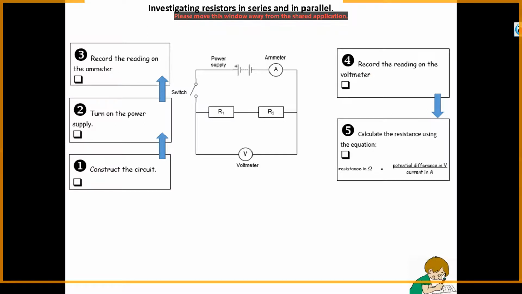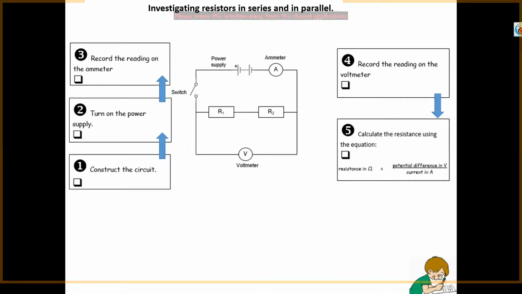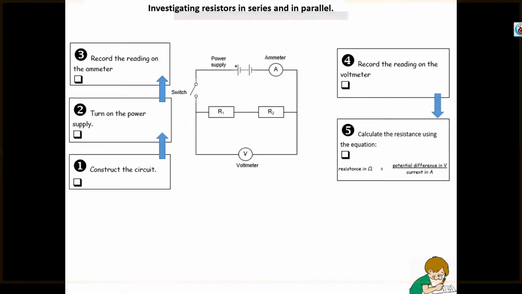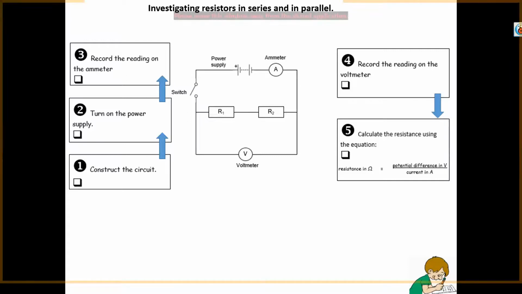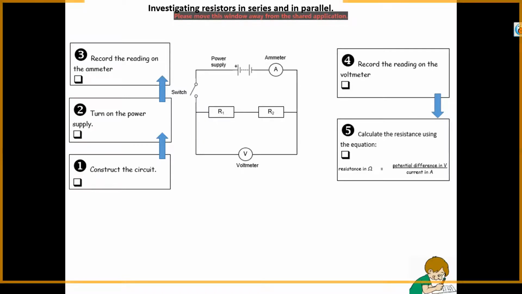So there's the circuit diagram and the method for a series circuit. So we've got an ammeter to measure current, which obviously is going to be the same at any given point around the circuit. And we've also got a voltmeter to measure the voltage or potential difference in the circuit. And we can divide potential difference by current, and that will tell us the overall resistance of the circuit.